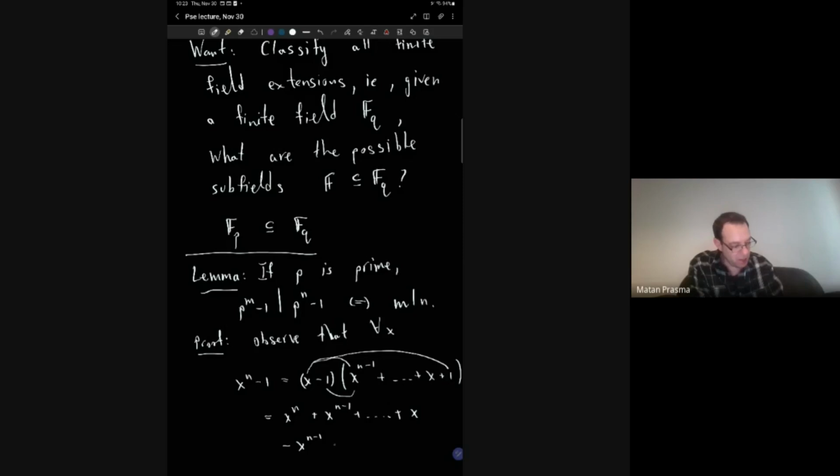You continue and basically cancel out all the expressions, minus x, but the last expression does not cancel out. The last expression is minus 1 times 1, which is minus 1. So this is indeed x to the n minus 1.